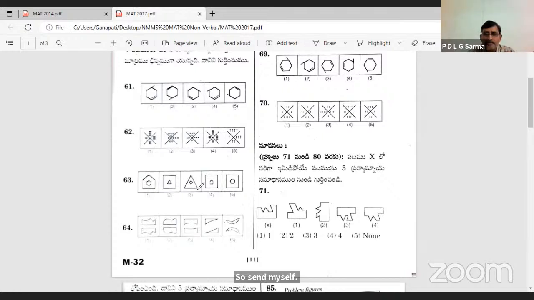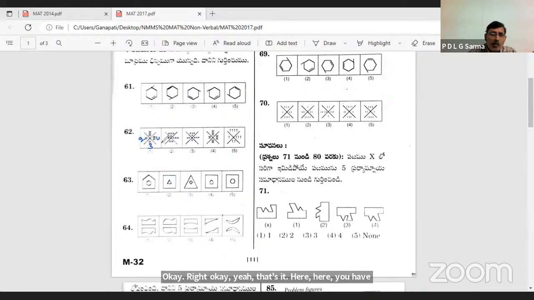Okay, Andy. Right. Okay, you observe here. Here you have 2 lines, 3 lines, 4 lines, 5 lines. The number of lines are following in one sequence. Here you observe 1, 2, 3, 4. Here also they are following one order.